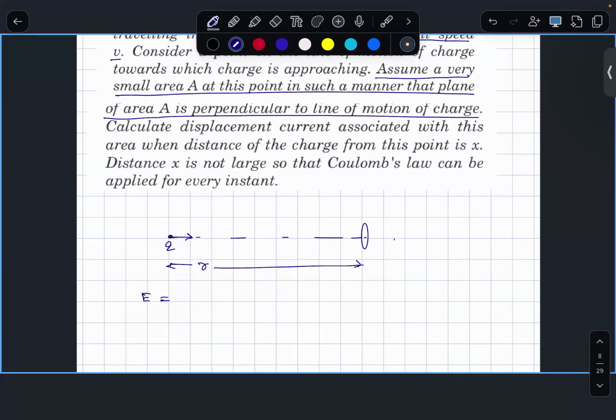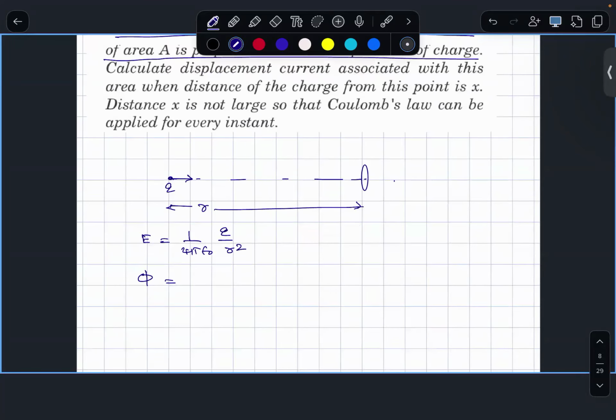Electric field there is 1 by 4 pi epsilon naught q by r square. Flux is 1 by 4 pi epsilon naught q by r square times A, where A is the area of that small portion. So displacement current is epsilon naught d phi e by dt, which is epsilon naught 1 by 4 pi epsilon naught q into A d by dt of 1 by r square.